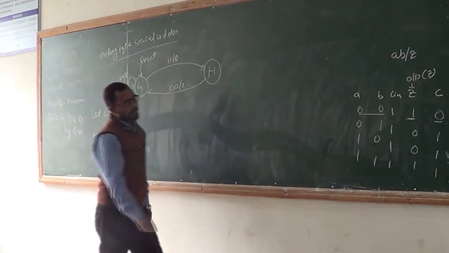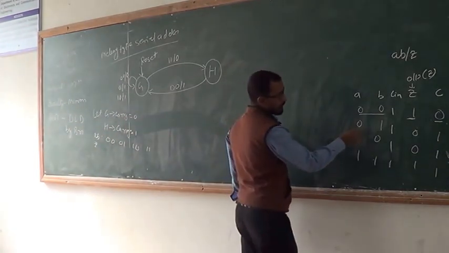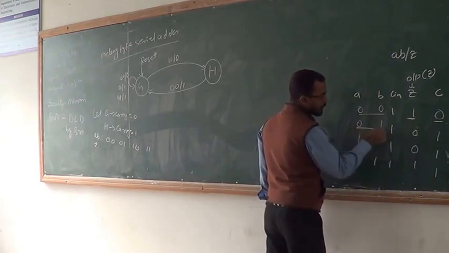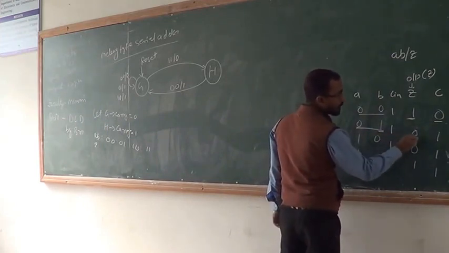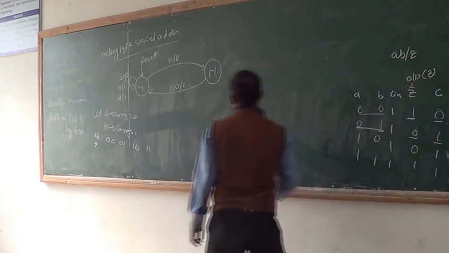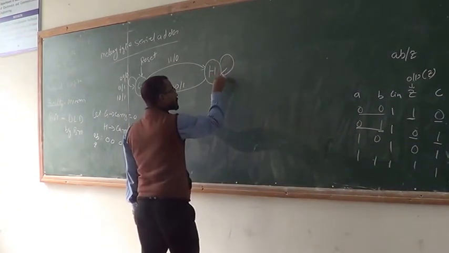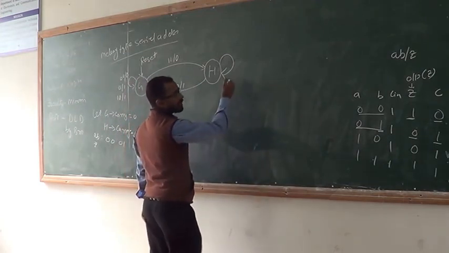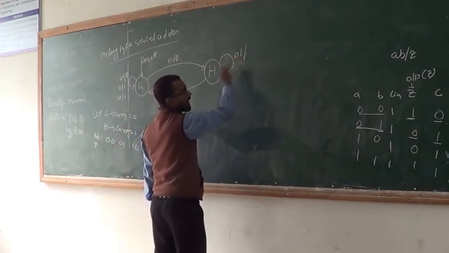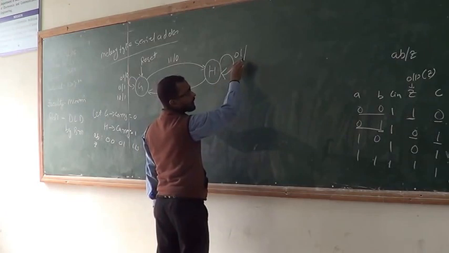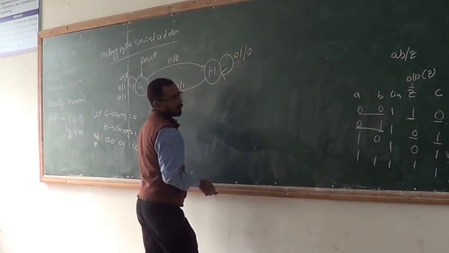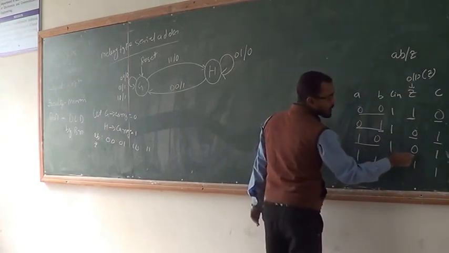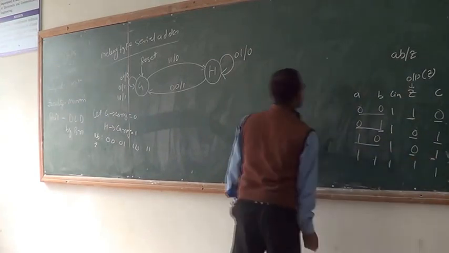Okay. Now second case, 01: the output becomes 0, but carry is still 1. That means the carry-containing element is H. Therefore at 01 carry is 1, but output is 0. At 10 the output is 0, carry is still 1.